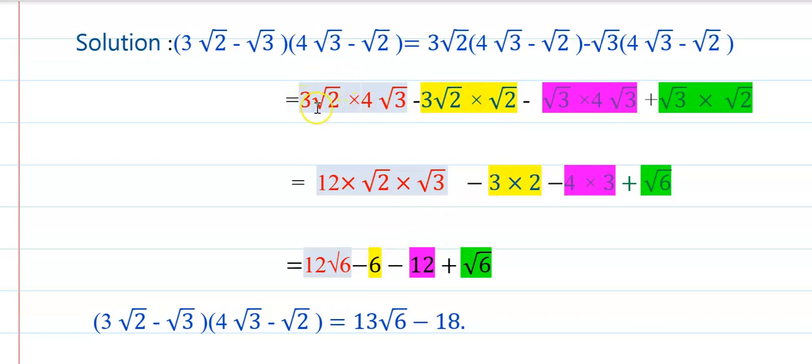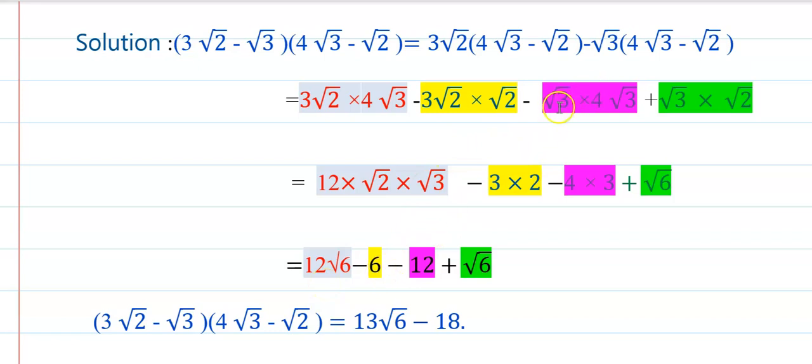What about the first? 3 into 4 is 12. Root 2 into root 3 have the same index, therefore it is root of 2 into 3, that is root of 6. Therefore 12 root 6. Second, we have completed in yellow.